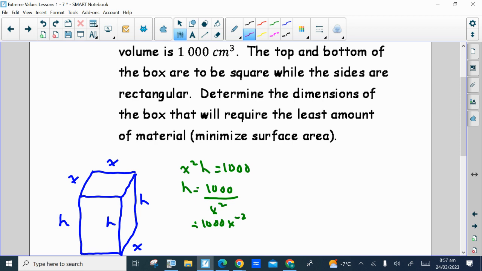Again, we want to minimize the surface area. So the surface area of this box will be the top and the bottom, which measure x by x. The area of the top and the bottom would be 2x squared together, plus 4 sides that measure x by h. But h is 1,000 x to the negative 2.